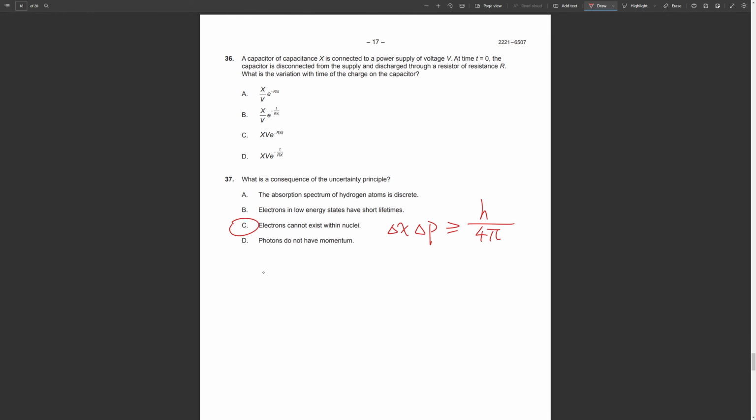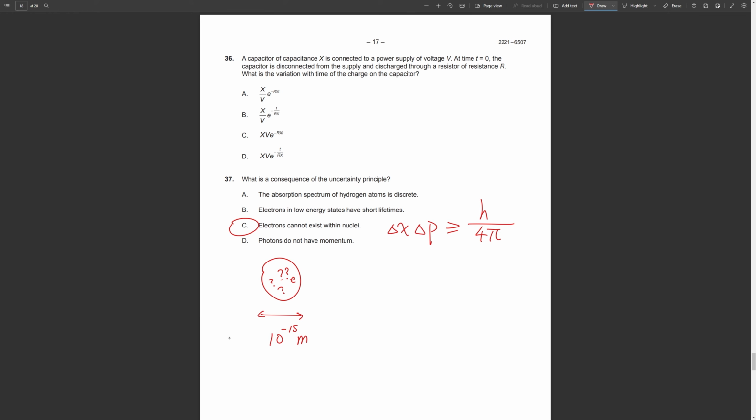And if there is an electron inside a nucleus, then the diameter of the nucleus could be the uncertainty of the position of the electron inside. The diameter of any nucleus should be roughly in the order of magnitude 10 to the power of negative 15 meter.